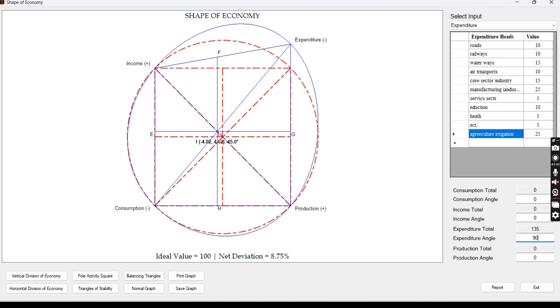Since I have drawn a perfect line, a different kind of shape has been assumed. The area is now different from the earlier one. Now, how much change has taken place because of the change in the square of the economy?